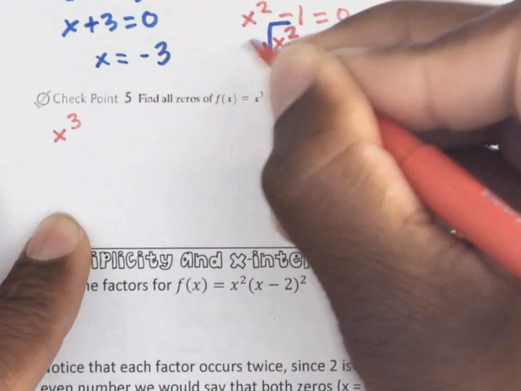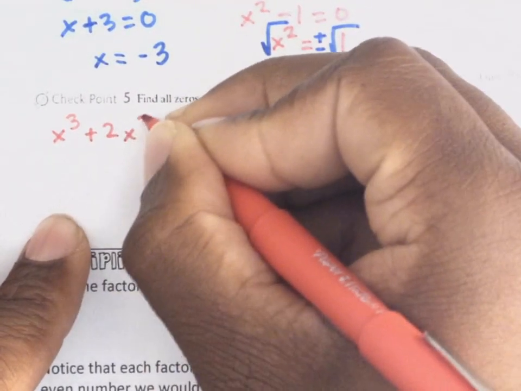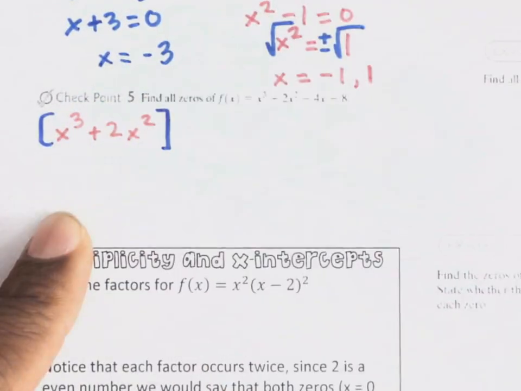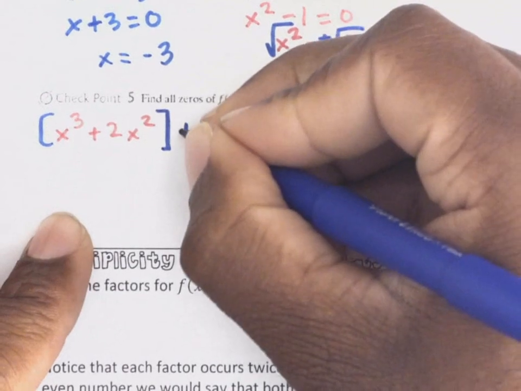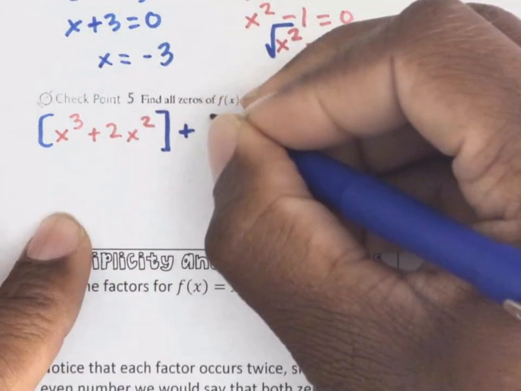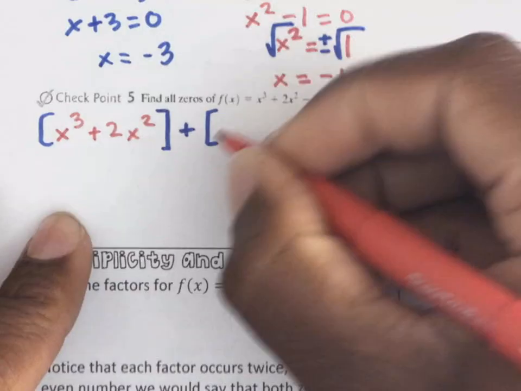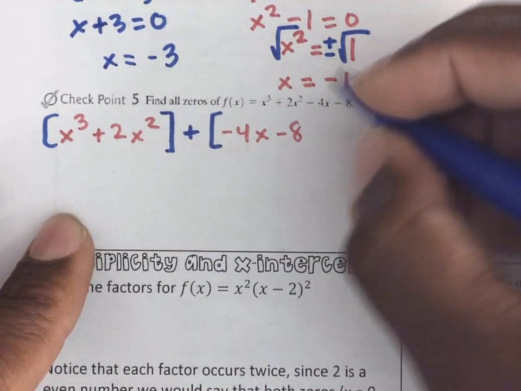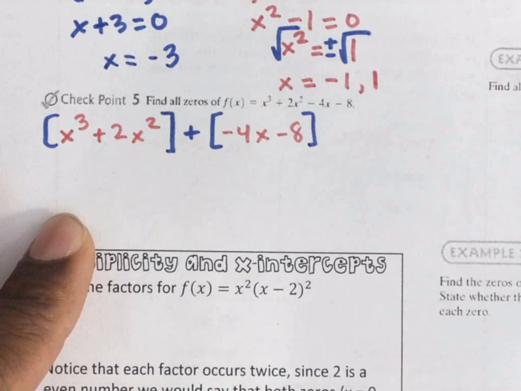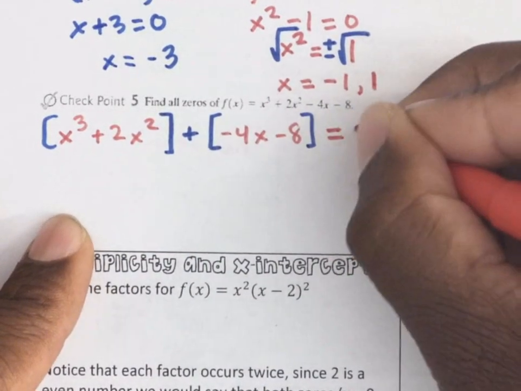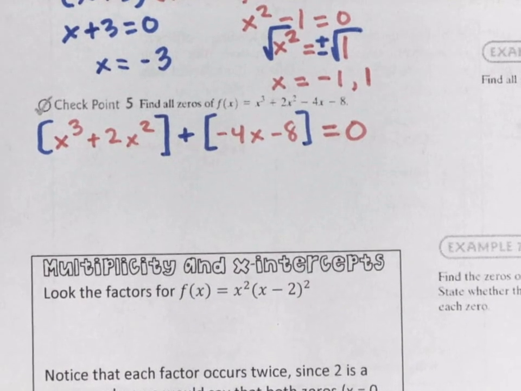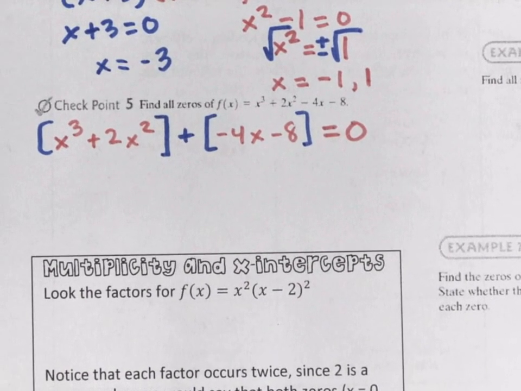X cubed plus 2x squared, then I will group second 2 minus 4x minus 8. And I do want to solve it, so it will equal 0. You guys see if you can go from here, if you haven't already gone from here.